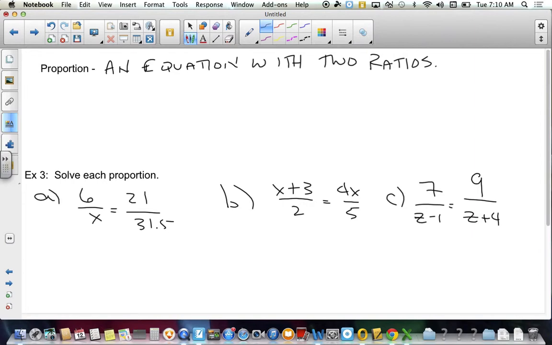Okay? So for example, you have A over B equals C over D. Okay? That's a proportion. It's 2 ratios set equal to each other.